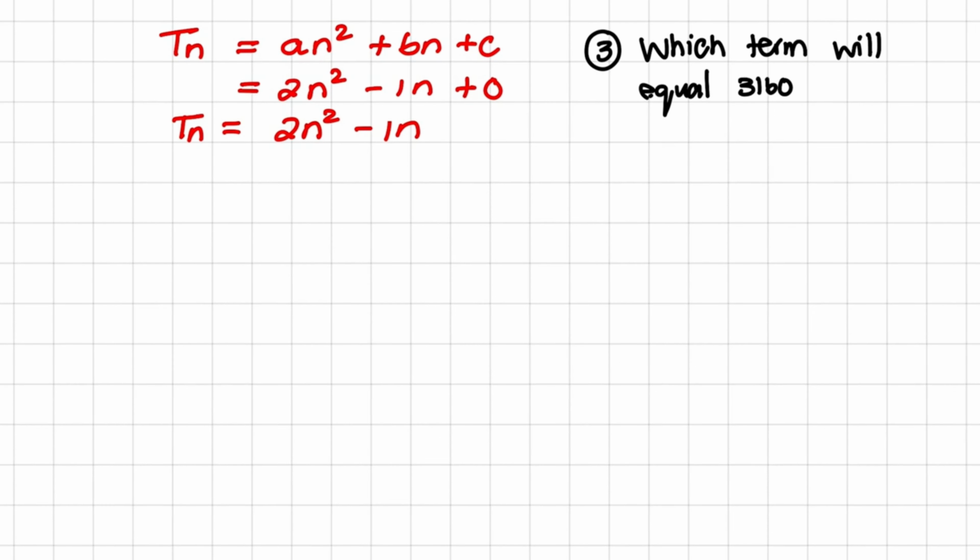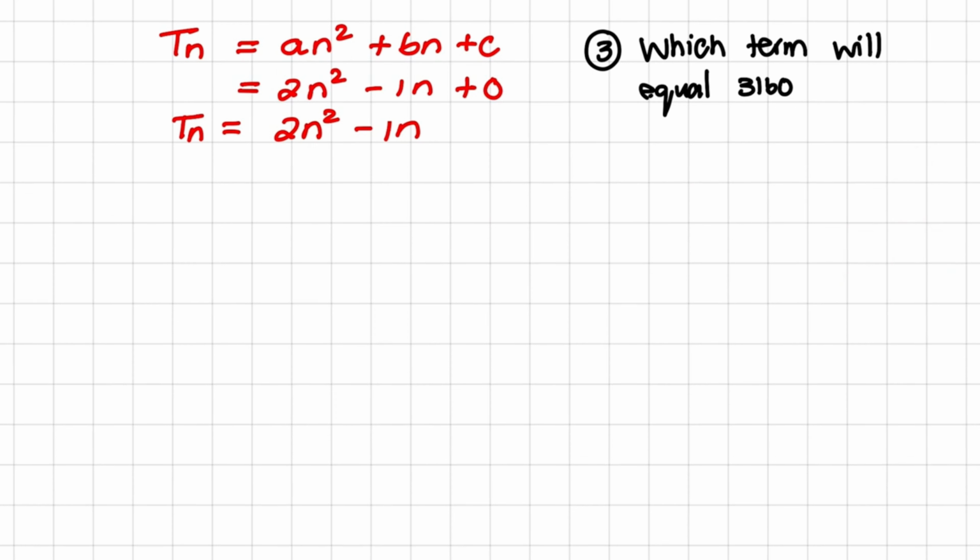And the final type of question that I can ask on a quadratic number pattern is, which term would be equal to 3160? This is not the same as saying, find the value of term 3160. What they are asking us is, in the pattern of 1, 6, 15, and 28, if I continue that pattern, which term would be equal to 3160?